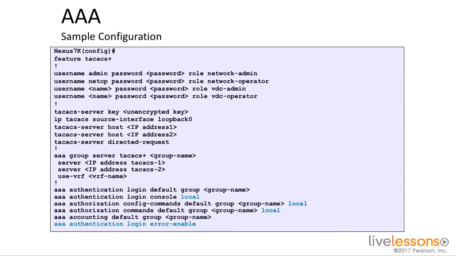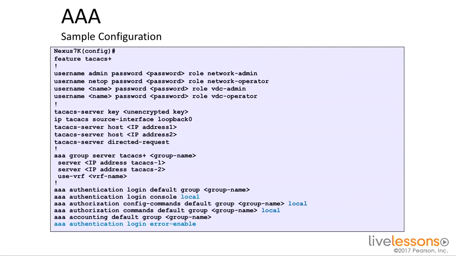We are then telling it what to track and how to track the different types of logins on the device. For instance, whether we're going to require a login or AAA for the console access versus somebody that's connecting over SSH. We're also telling the device how to contact that AAA server and what VRF to use in order to do that. Once again, which network, whether I'm using the default data network or whether I'm using the management network.